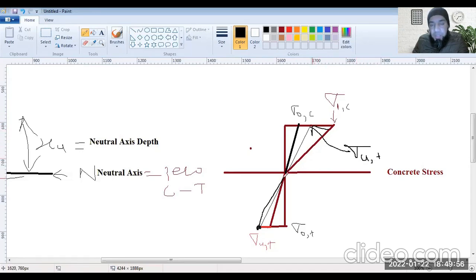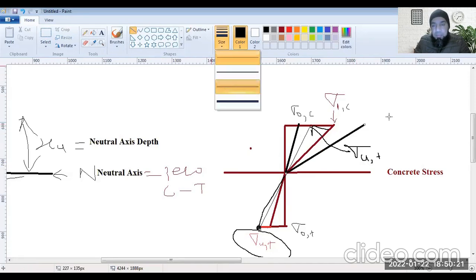So the failure is happening first in tension, even before the compression point has reached the linear point. So the linear yielding point has not even come in compression for the concrete. So next you would have this, the compression side.